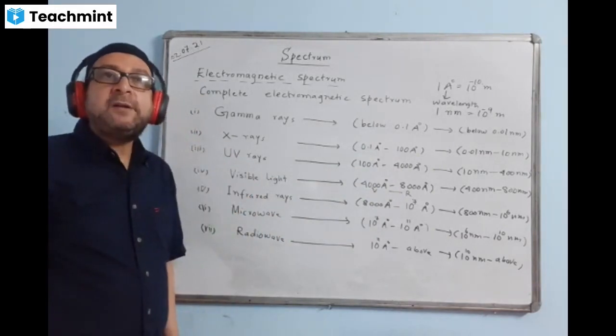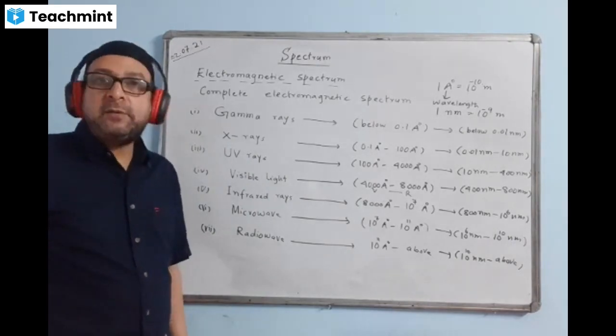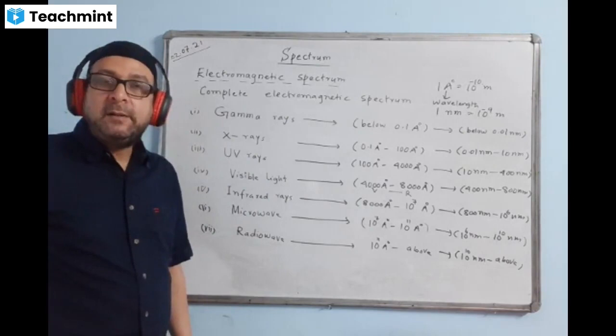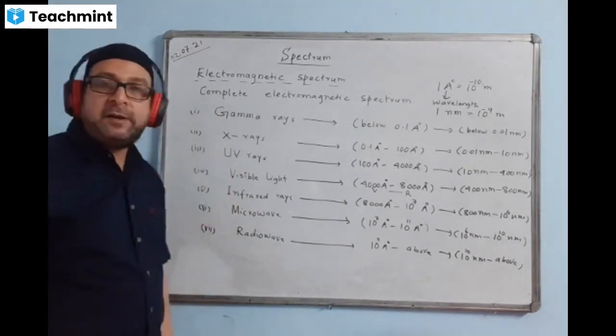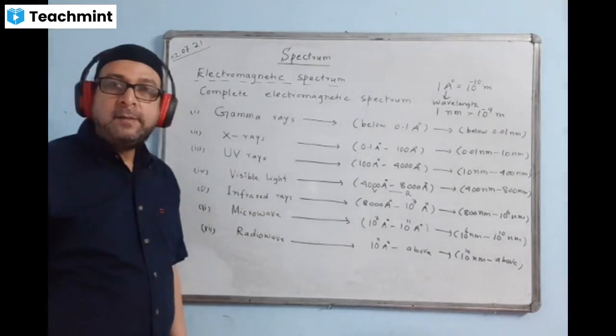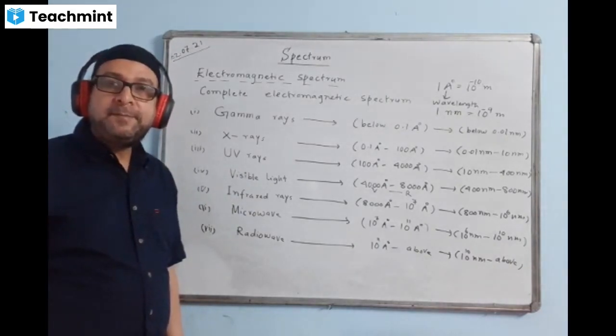If a question comes, name the two neighbors of the visible light in the electromagnetic spectrum: one is ultraviolet, one is infrared. You understood my point?